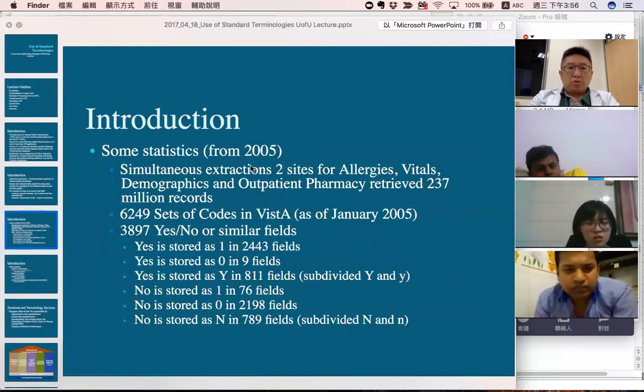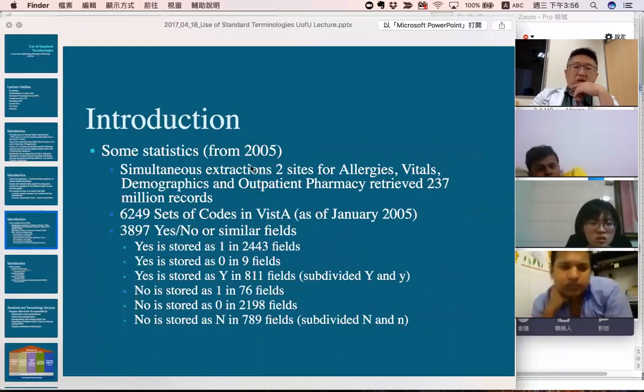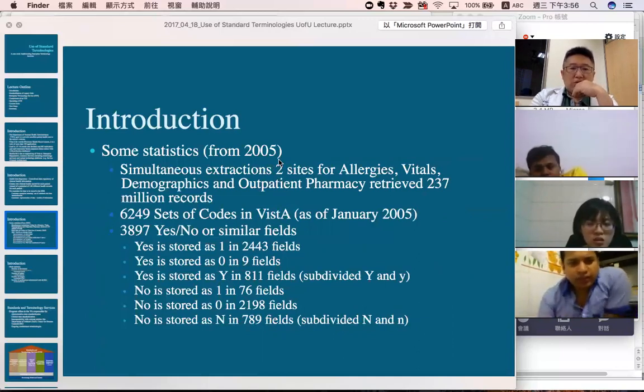Here I give you some statistics about the VA system. This is based on 2005, which is a little long ago, but I guess it's not too much different. They store allergy information, vital signs, demographics, outpatient data, and there are more than 200 million records.